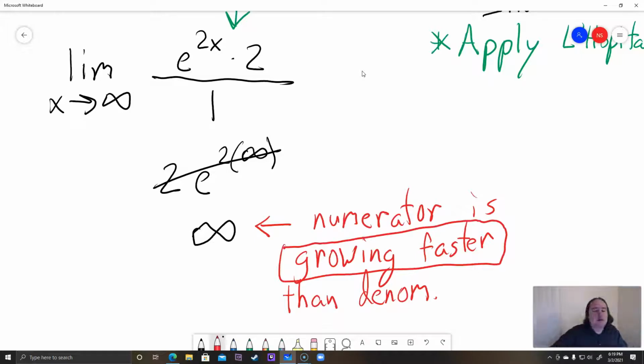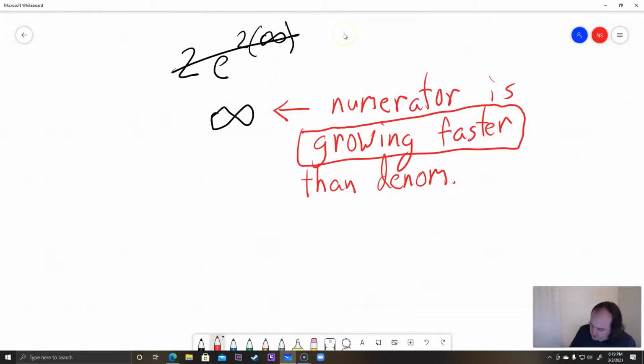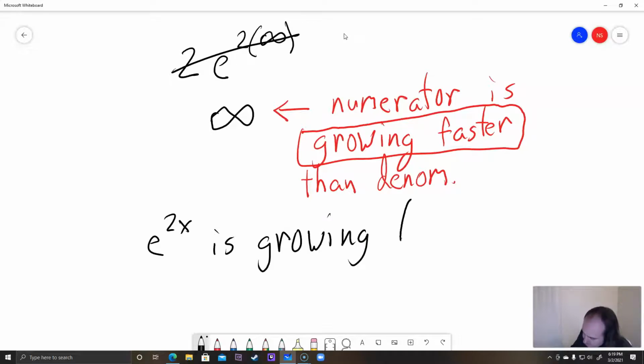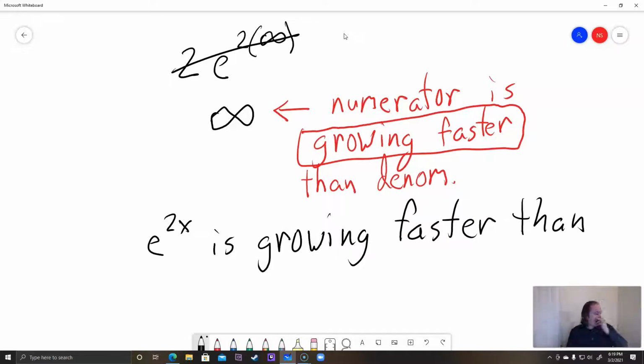Okay, so e to the 2x is growing faster than x minus 5.